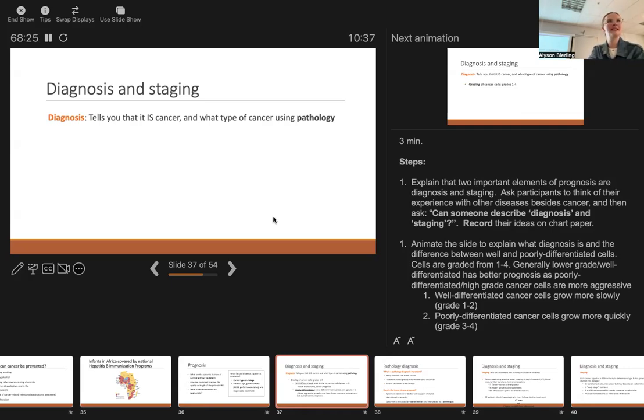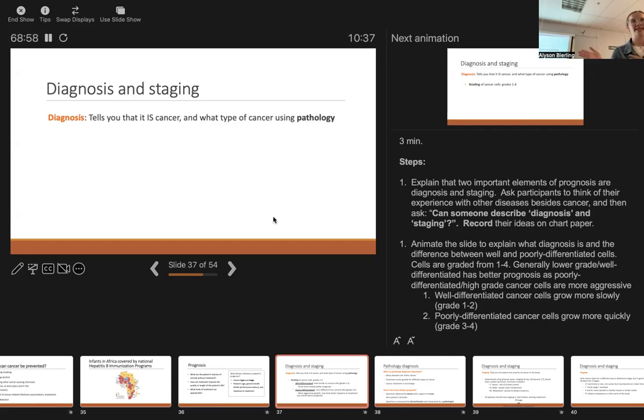Masses and tumors can develop for a variety of reasons. Sometimes a mass or a tumor might not be cancer, even if we think just looking at the patient that it is. So it's critically important that if we suspect that a patient has cancer, we take a biopsy of the suspected cancer, whether it's a tumor or a mass somewhere in the body.